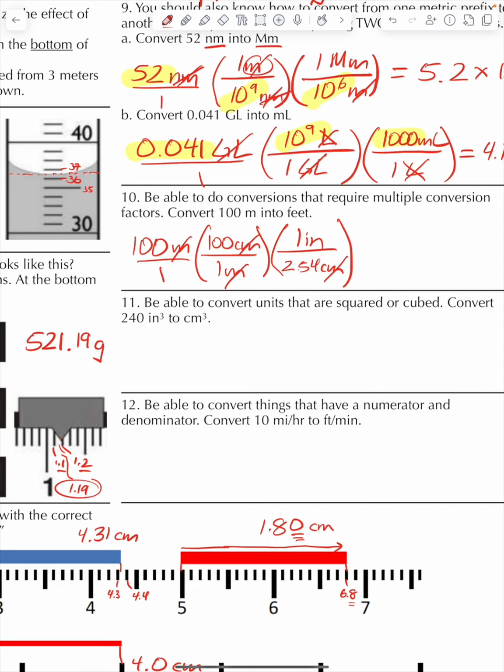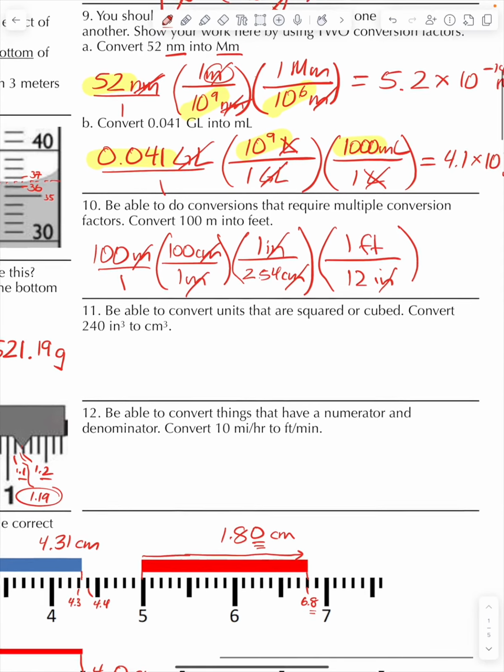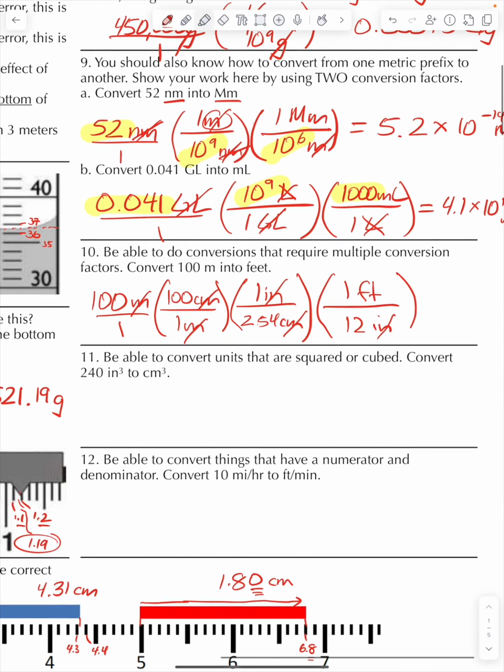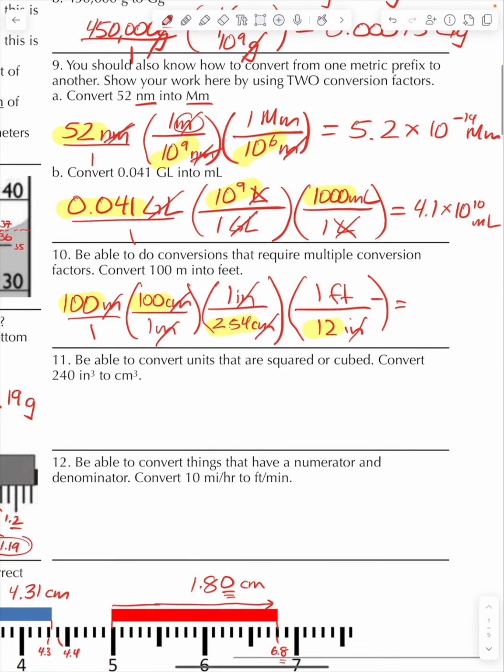And now I need to get the feet. So everybody knows that there are 12 inches in 1 foot. And I put inches on the bottom, so the inches cancel. And look at the only thing I haven't canceled yet is feet. So on your calculator, you're going to type 100 times 100, then that's it, divided by parentheses 2.54 times 12, close parentheses, and then you'll get the answer, which is 328 feet.